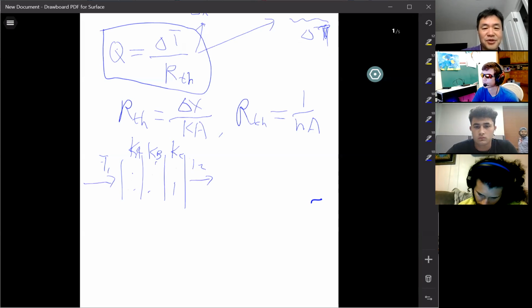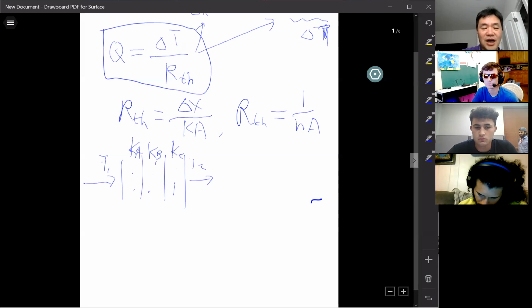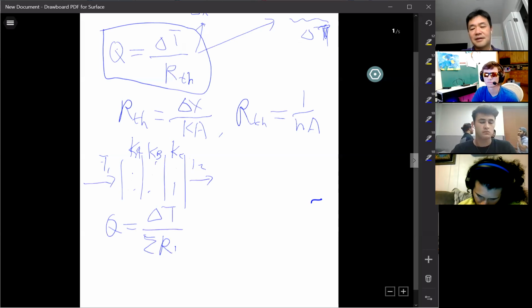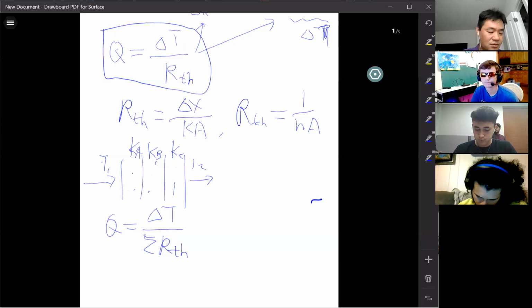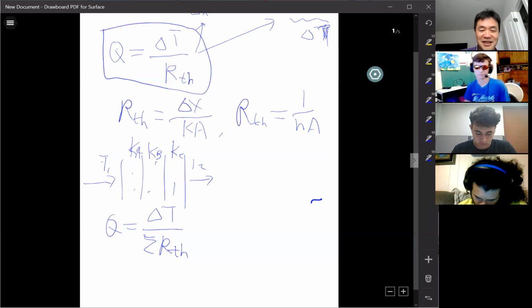So we can still apply the overall equation. Now we have this new equation, delta T over R theta, so it will be the summation of R theta. Does that look easier for you? I think to me it's easier. What is the delta T?